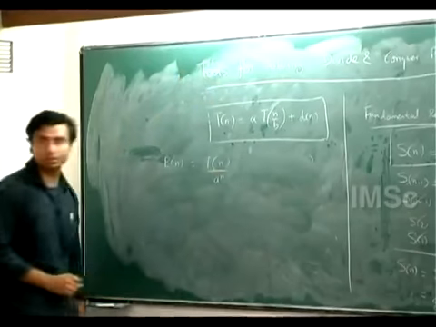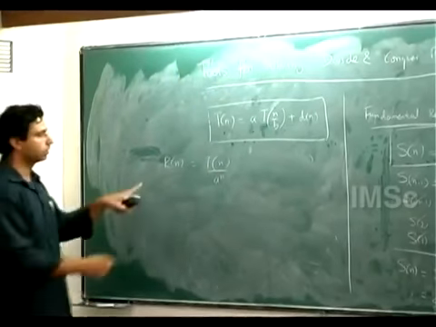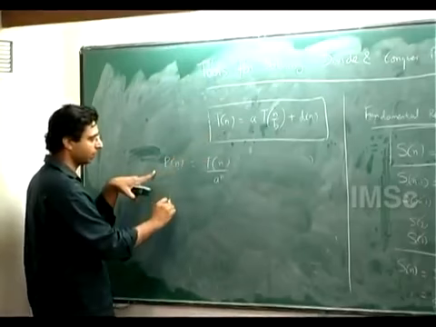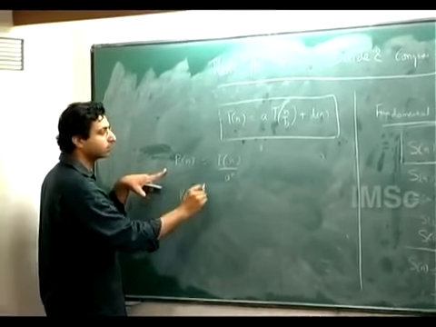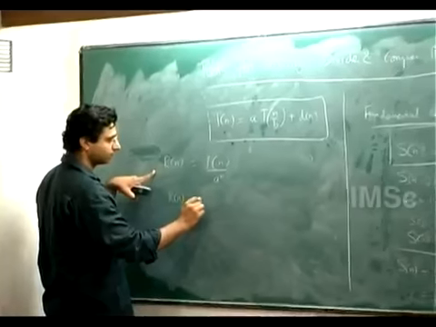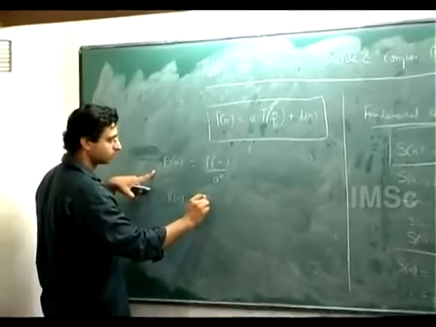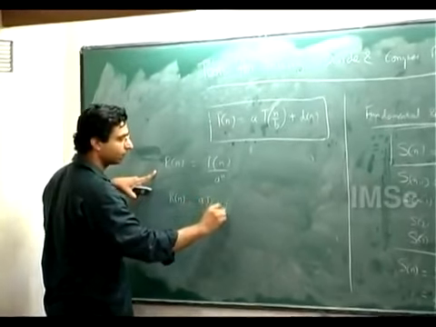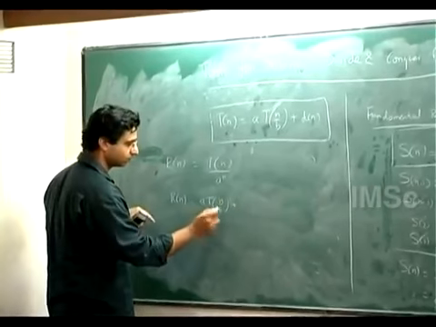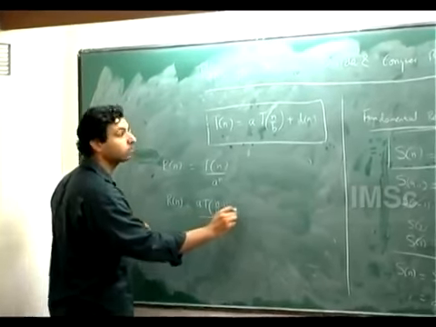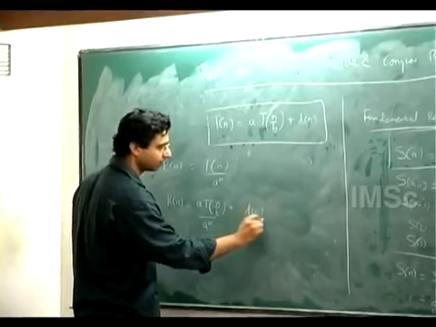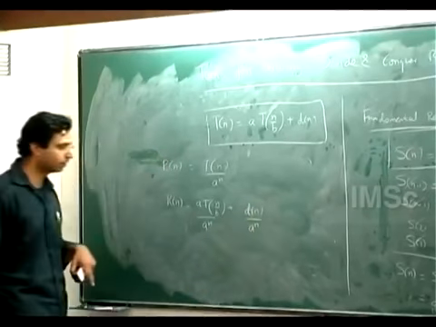Okay. a raised to n. So if I plug in this definition, I get T of n by b, plus d of n, divided by a raised to n.